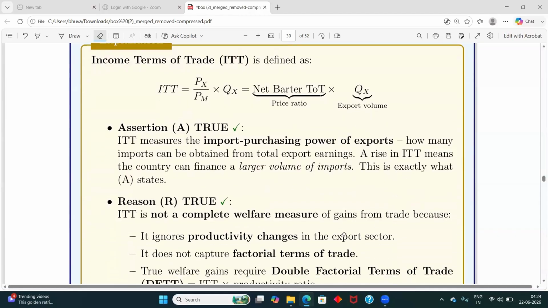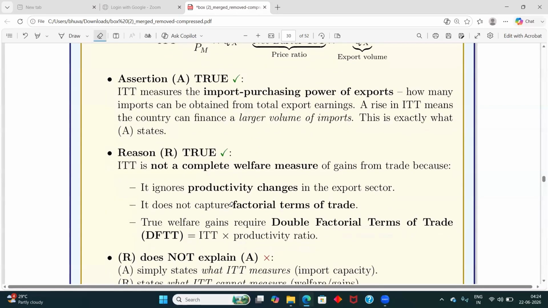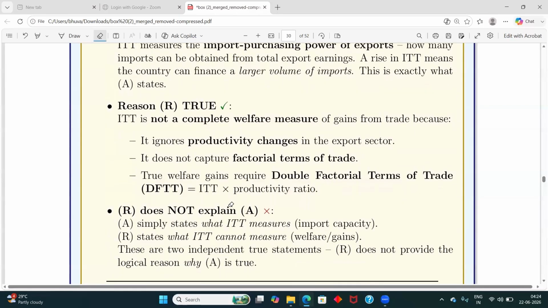The reason is also true. Income terms of trade is not a complete welfare measure of gain from trade because it ignores productivity changes in the export sector. It does not capture the factoral terms of trade, and true welfare gain requires the double factoral terms of trade, which is equal to ITT times the productivity ratio.